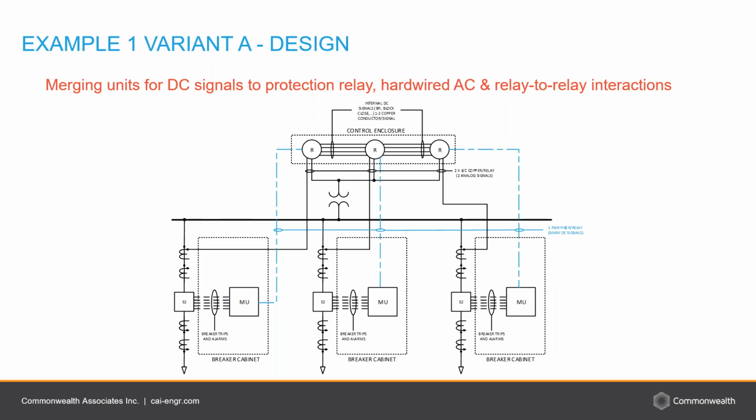This allows the user to test out what it is like having a merging unit, say at a breaker. This is a breaker example. We've seen them used for motor operated switches, that sort of thing as well. So how does this look for those? It's very similar. Of course, with MOSs, you don't necessarily have the AC signals, but you certainly do have quite a few DC signals.